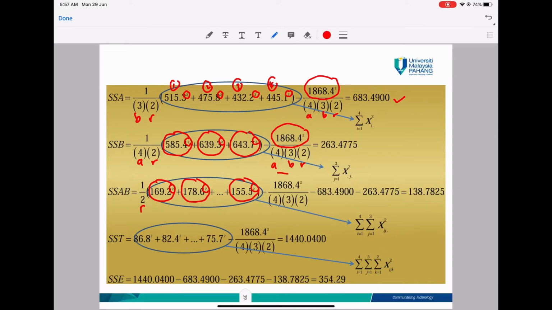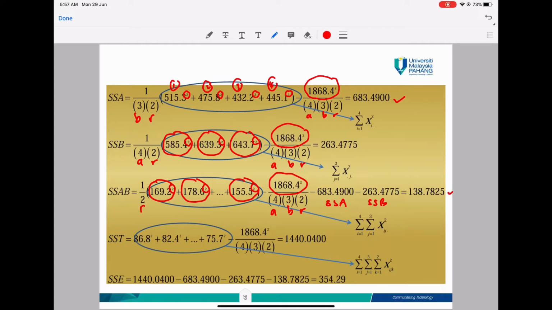Minus big total over ABR, and then minus SSA minus SSB, and then your answer is 138.7825.